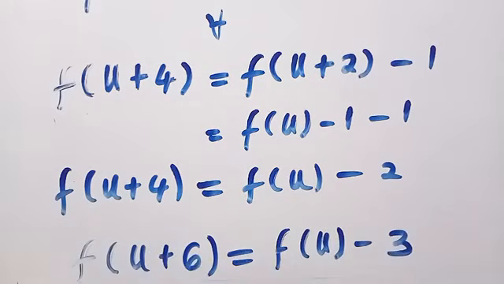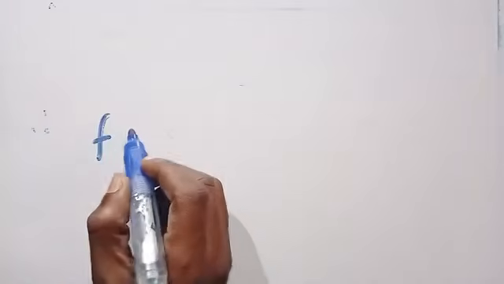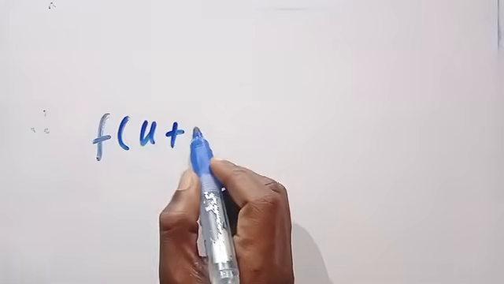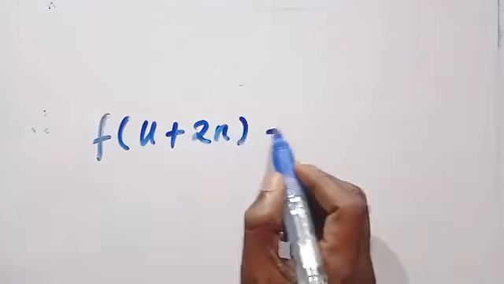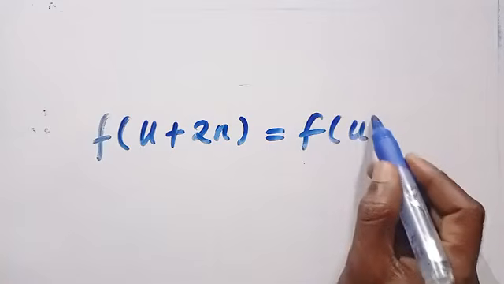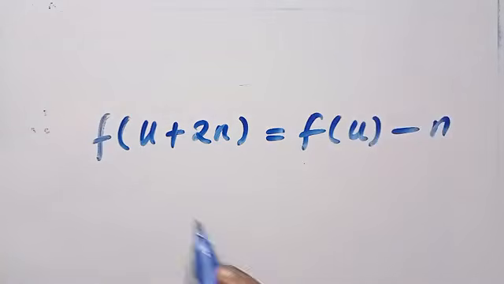We can just assume it to be f of u plus 2n equals f of u minus n. We can also test for f of u plus 8 and see that the pattern still continues. So this implies that for every f of u plus 2n, this equals f of u minus n, where n is a member of the positive integers.